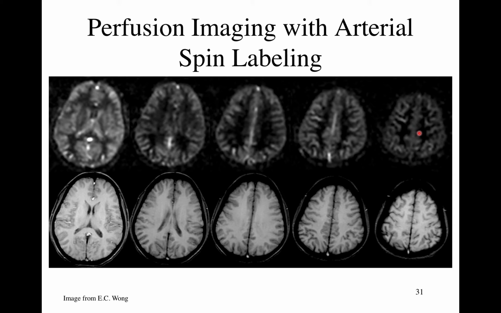So you can get a perfusion-based image sort of in milliliters per gram per minute of tissue, right? It's like quantitative perfusion of how much blood is going to that region. And so obviously if somebody has a stroke or something like that, you can see that. But also, if they're thinking about something that causes one area of their brain to be more active than another, that will actually cause an uptick in the perfusion in that area.